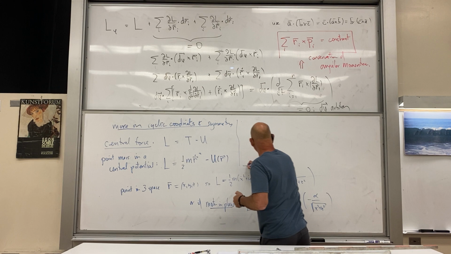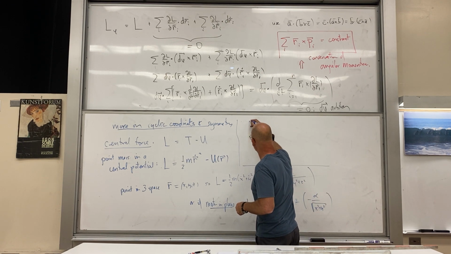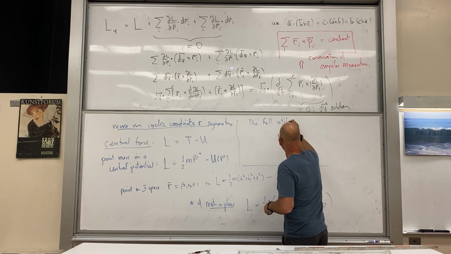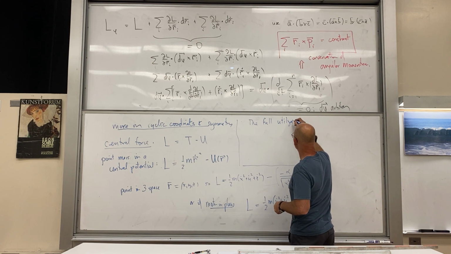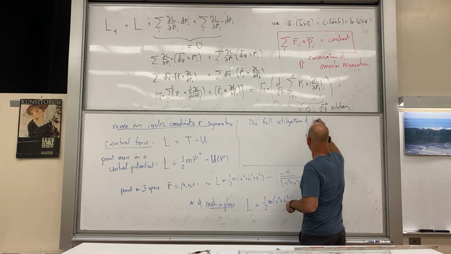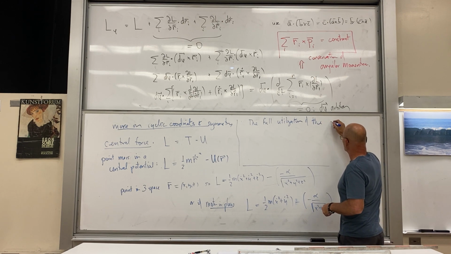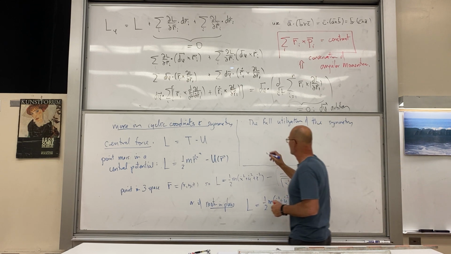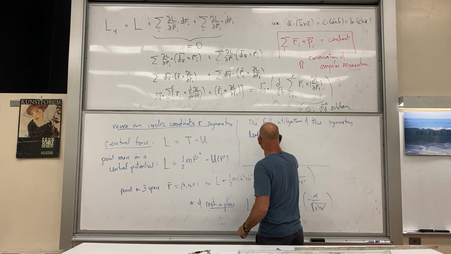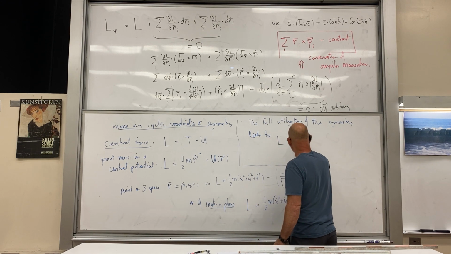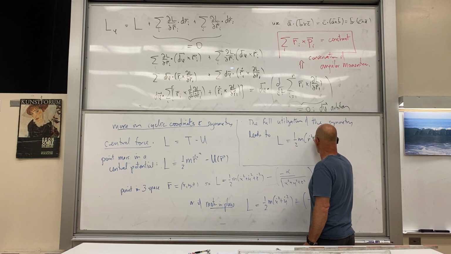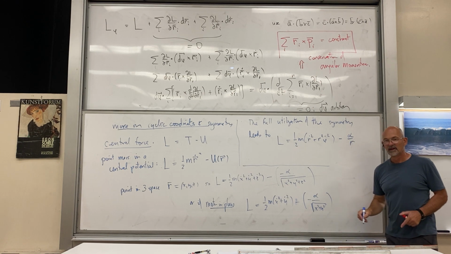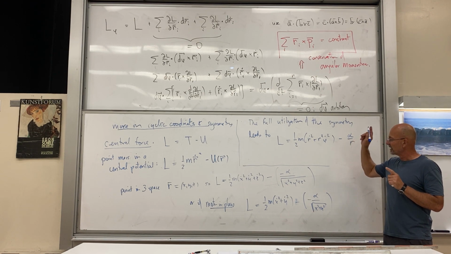So let me just go up to here. The full utilization of the symmetry, isotropy of space, leads to this Lagrangian: 1/2 m r dot squared plus 1/2 m r squared phi dot squared minus alpha over r. This Lagrangian has a cyclic coordinate.